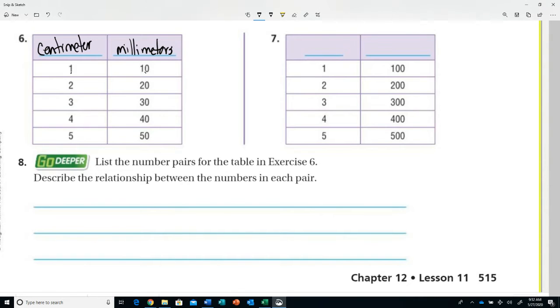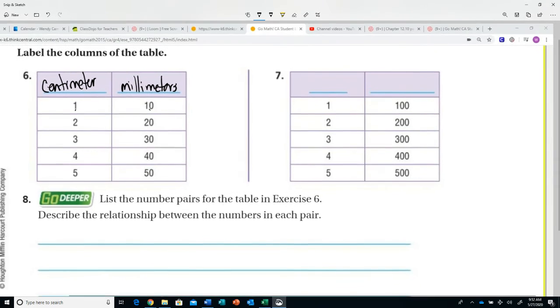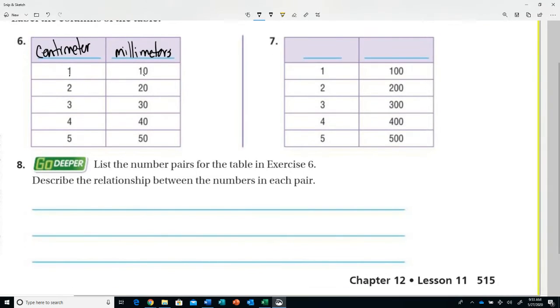All right, moving on to number 7. We're still using the metric system here. 1 to 100, 2 to 200, 3 to 300. So it's going to be 100 times greater. Again, I'm going to start simple here, and I'm going to take that back and start again and say meters to centimeters.